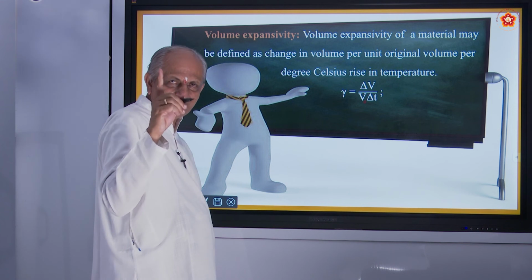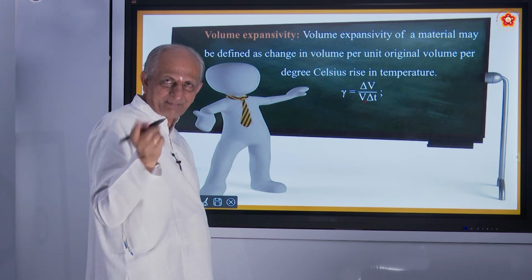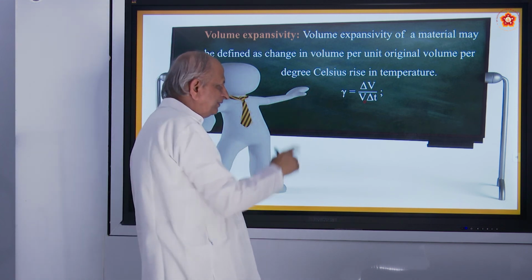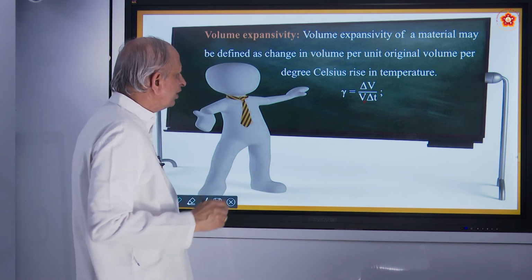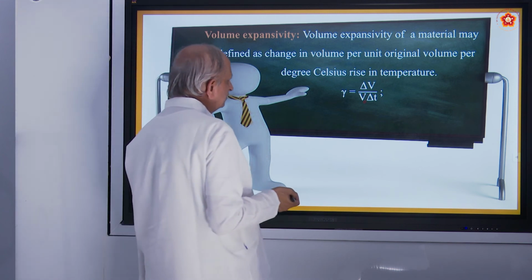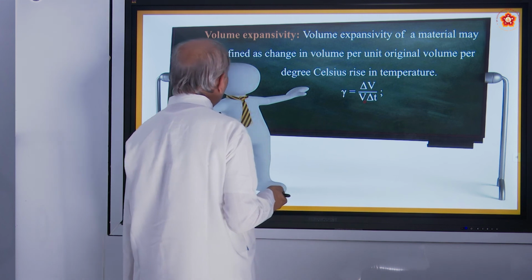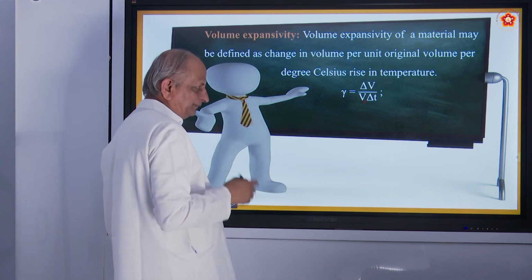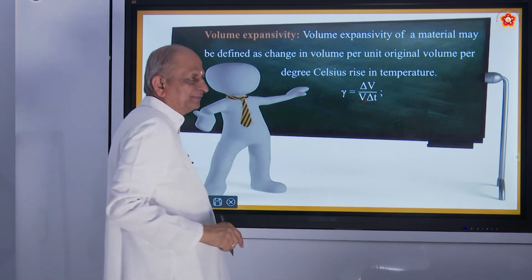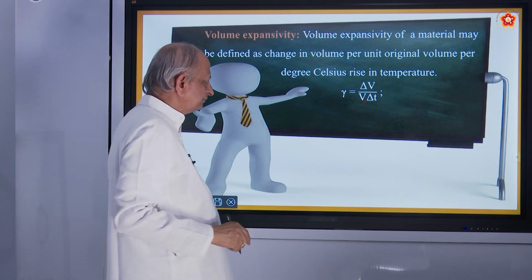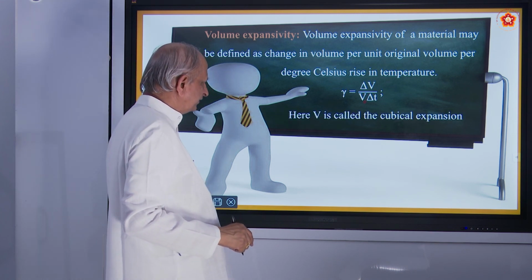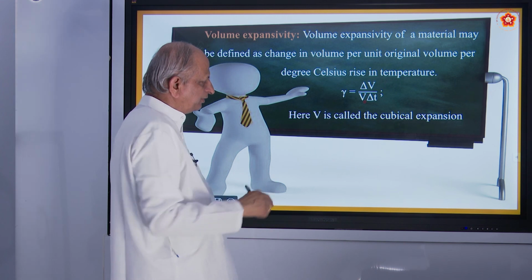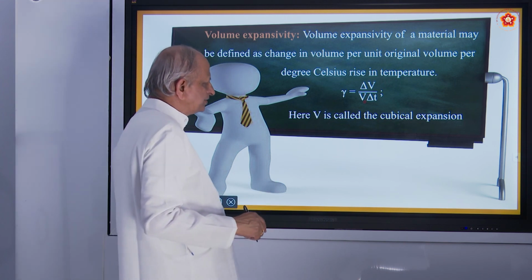Alpha means only length. Beta means length and breadth. Volume means length, breadth, height. So all three will increase, right? So this is the formula for volume expansivity. Expansivity means it is a coefficient. And here it is called the cubical expansion.